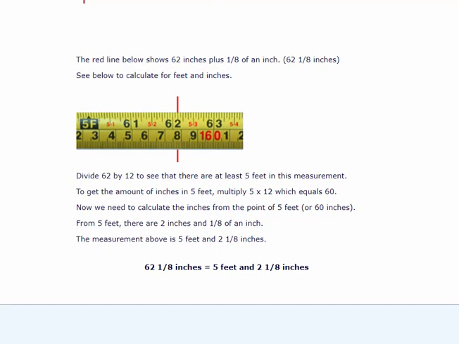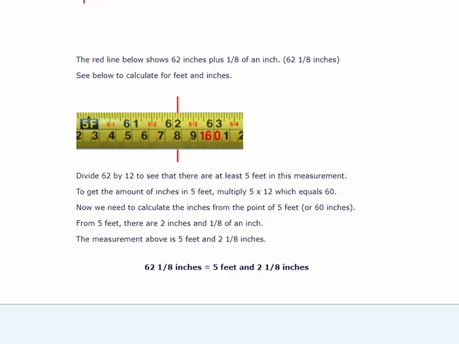The red line below shows 62 inches plus 1/8 of an inch, or 62 1/8 inches. To calculate for feet in inches, divide 62 by 12 to see that there are at least 5 feet in this measurement. To get the amount of inches in 5 feet, multiply 5 times 12, which equals 60.